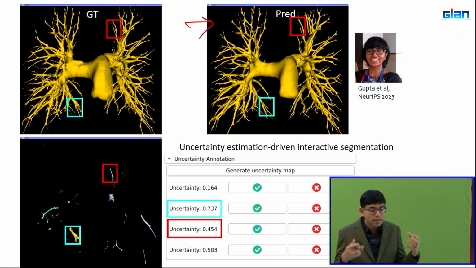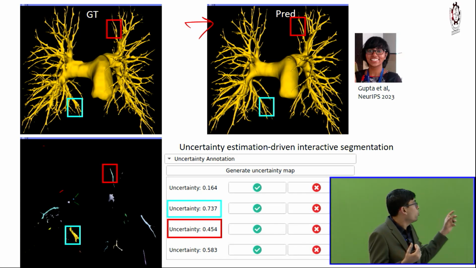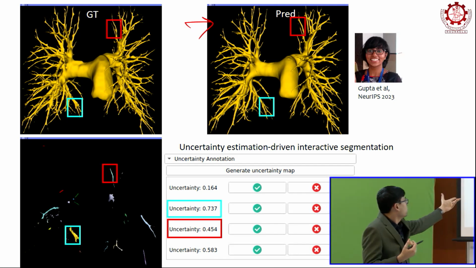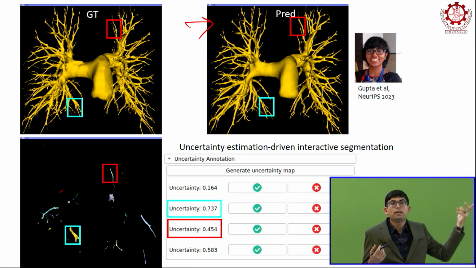So, instead of providing hundreds of thousands of pixels to a radiologist, we only gave them maybe a couple thousand pixels, right? So, that makes the job a lot easier.